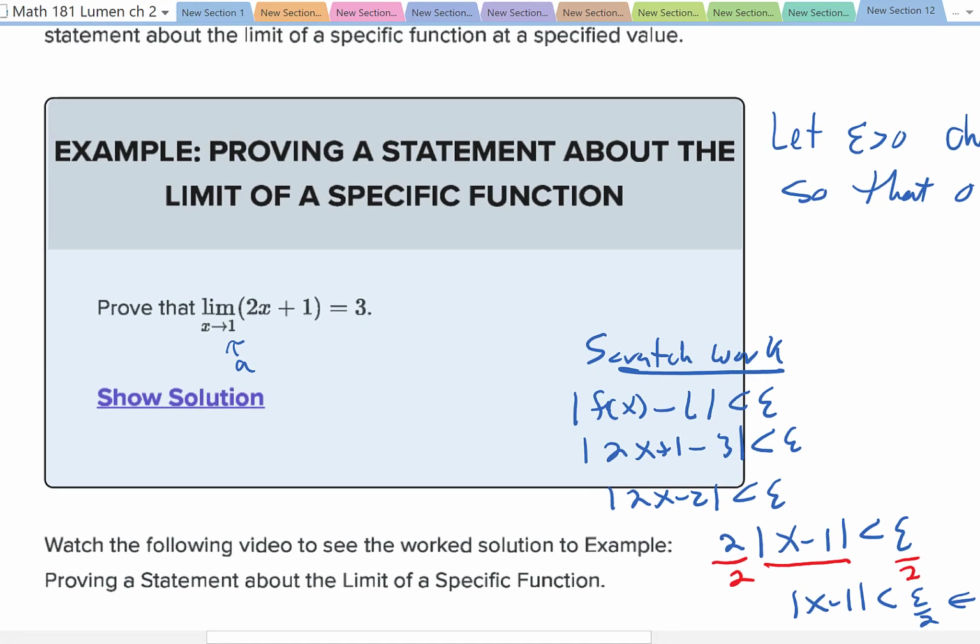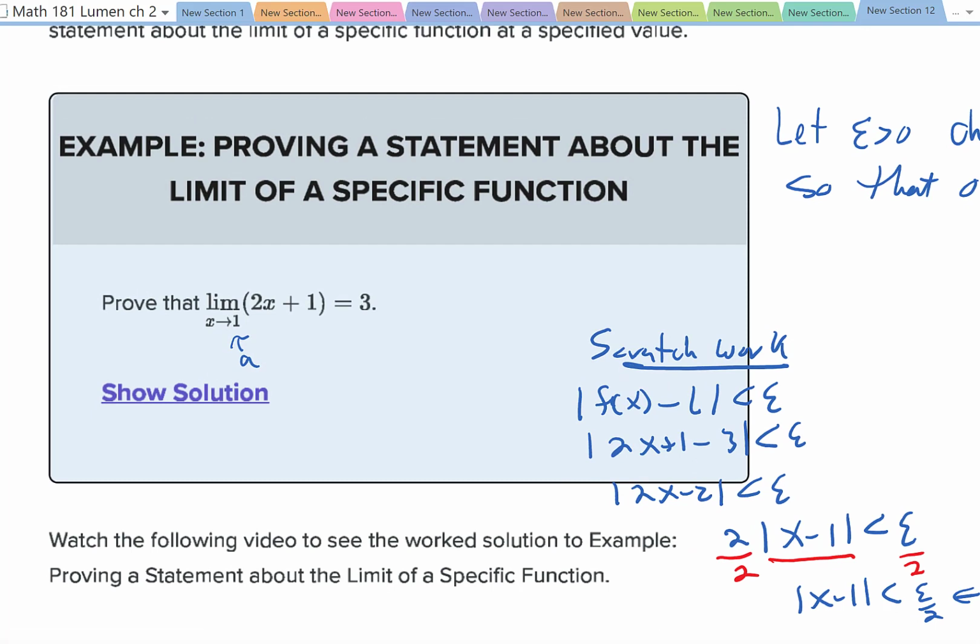Oh, I just saw my boundaries. I wrote outside the boundaries. So let me rewrite this part up here. So that should be, we're going to choose delta equal to, and I leave a blank there, but now I can fill that blank in.